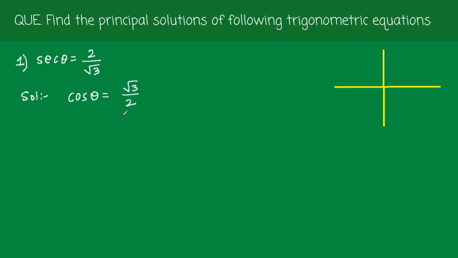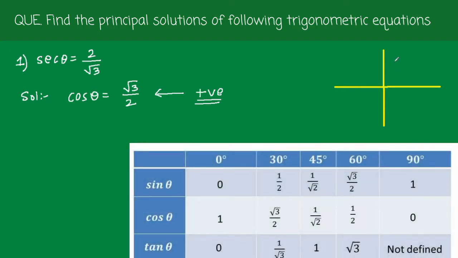Now when the value on the right side is positive, it is easy to find the first value of theta, which obviously lies in the first quadrant. With the help of this table, we all know that cos of 30 degree is root 3 upon 2.